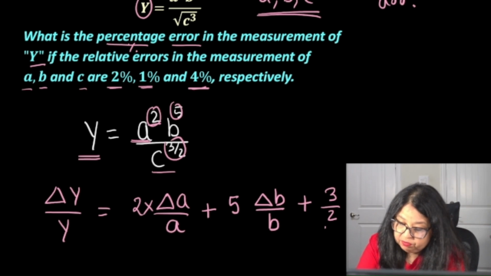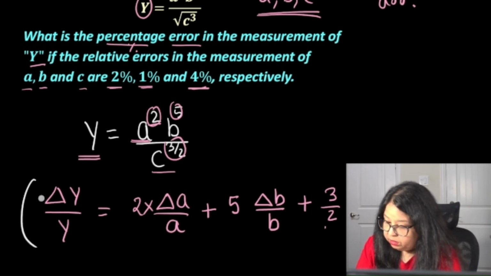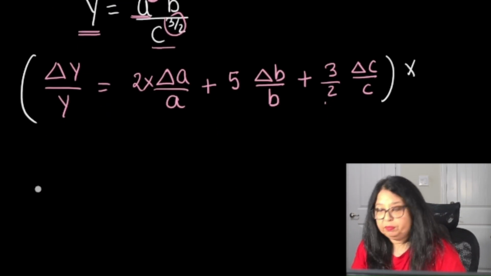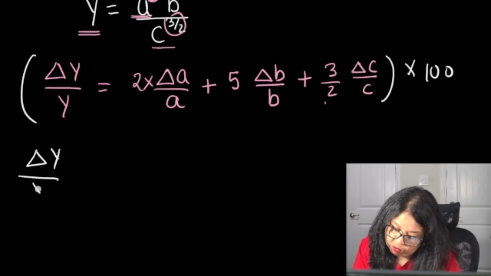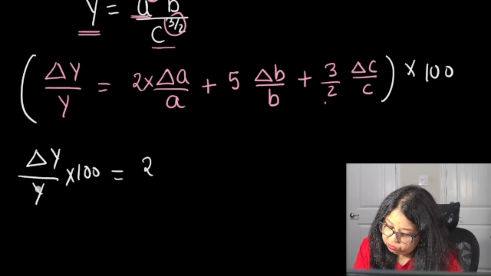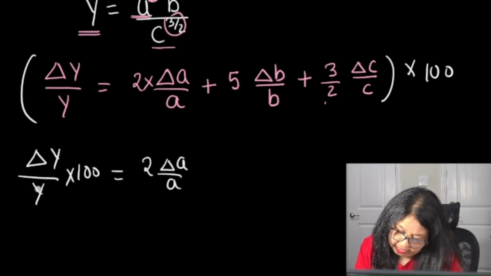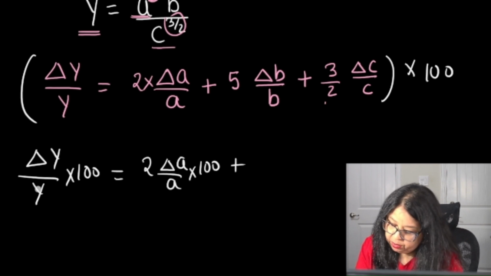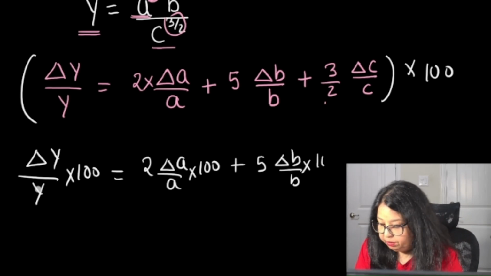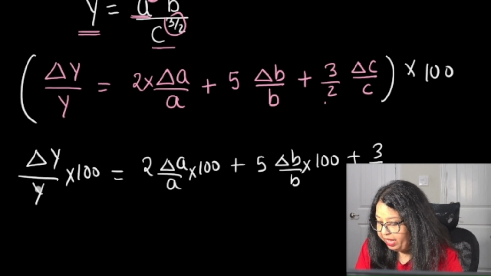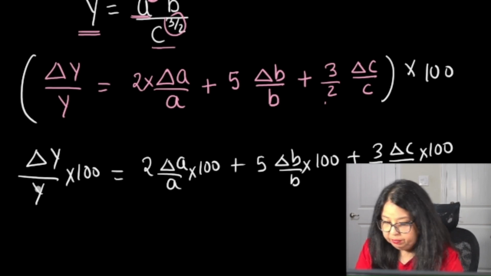So that means if I multiply this equation by 100, then I get delta y over y times 100 equals 2 delta A over A times 100 plus 5 delta B over B times 100 plus 3/2 delta C over C times 100.